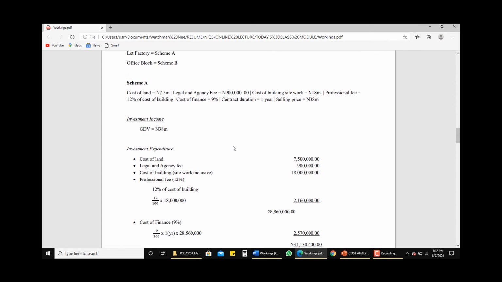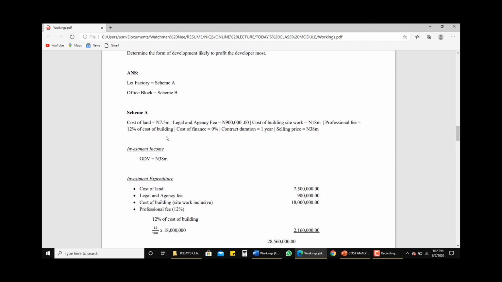Now, it is stated here that the factory after completion is to be sold for 38 million naira. So that is the investment income. That is, after the project has been completed, the factory will be sold for 38 million naira straight away. So as a gross development value, that is the income here.